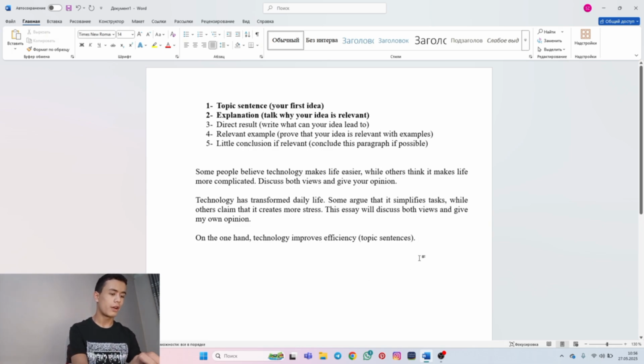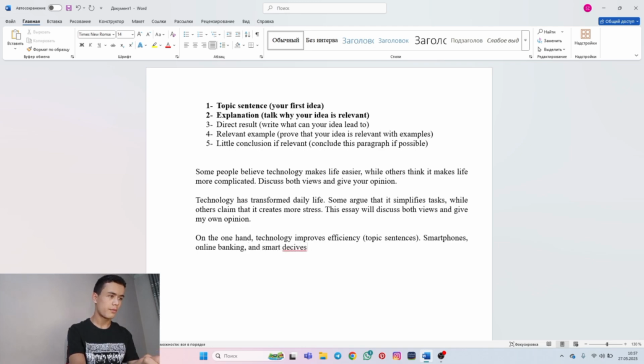For example, we can write like this: smartphones, online banking and other smart devices save time and effort in daily activities.